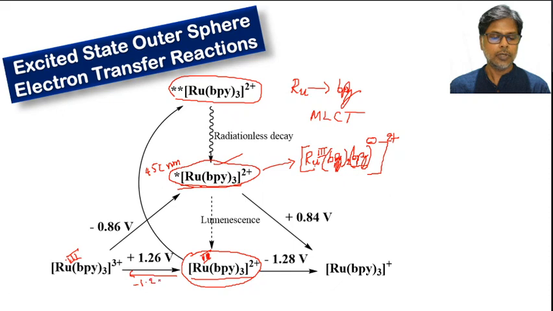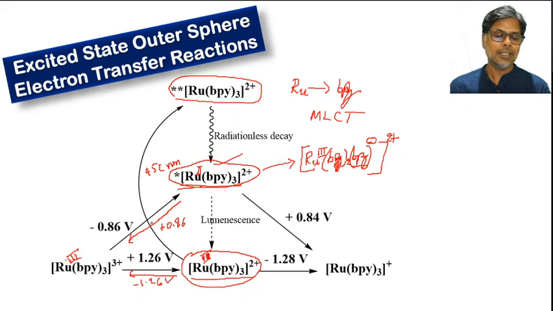That is minus 1.26 volts. And then now take a look at this case, and here also it is ruthenium 2, and here it is going to become like this. So that means when we are interested in this reaction, here it becomes 0.86.